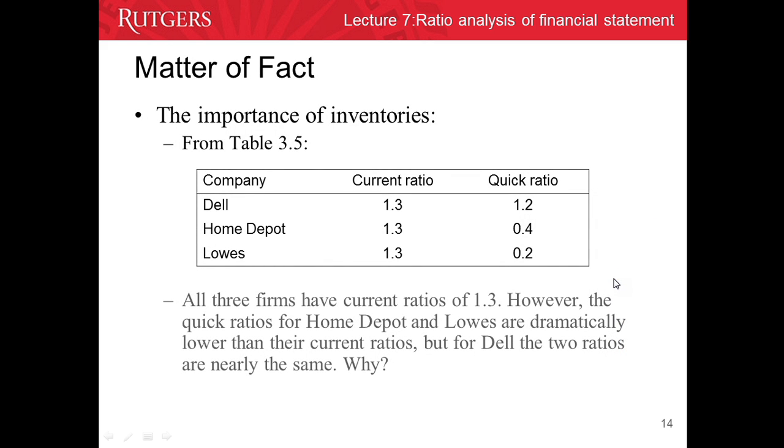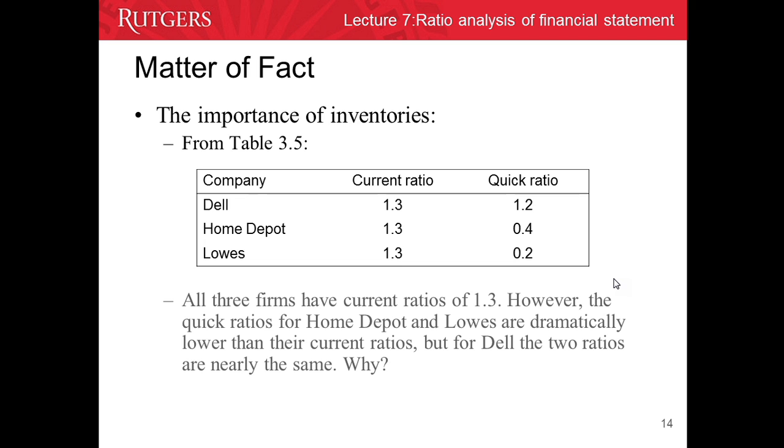So why is the quick ratio for Dell very close to its current ratio? As we all know, Dell is very famous for its just-in-time operation style, so it has very low inventory, which makes its quick ratio very high and very close to the current ratio.